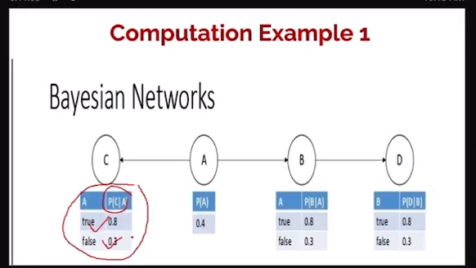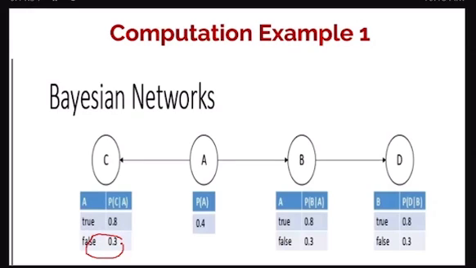So what are they trying to say? I just need to pay attention now. When I say true, false is going to be the complement. So the probability of C given the complement of A is 0.3. The probability of C given A is 0.8.